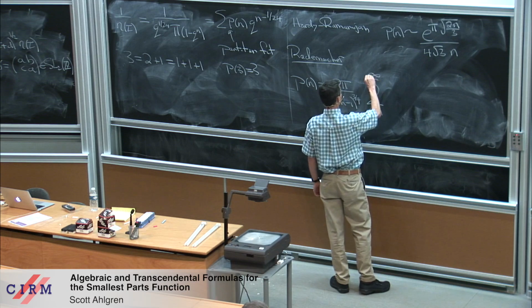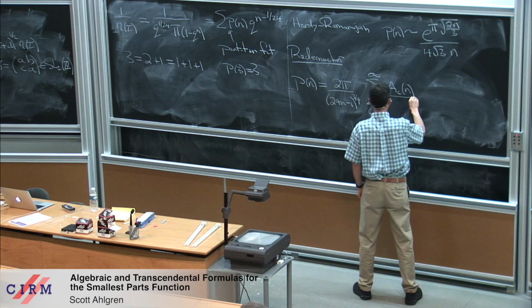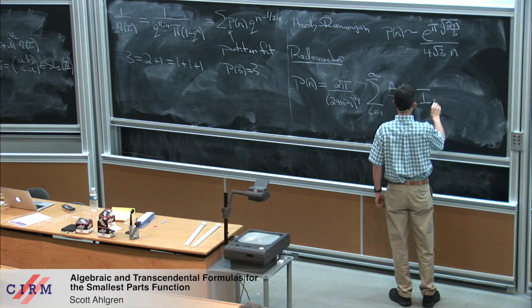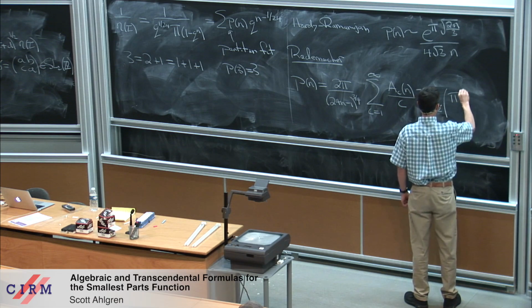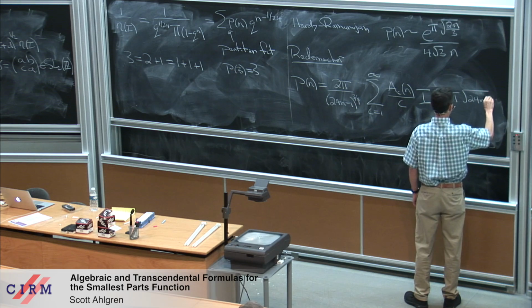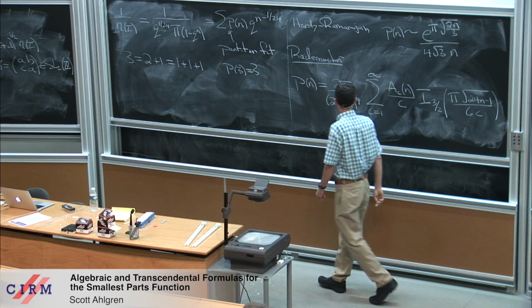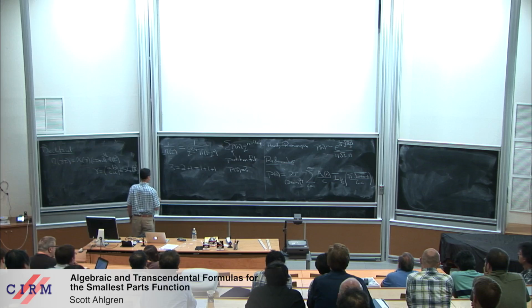An infinite sum, c going from 1 to infinity, of some generalized Kloosterman sum A_c of n divided by c, and then an I Bessel function, I 3/2, evaluated at pi times the square root of 24n minus 1 over 6c, probably. Let me tell you what these things are.